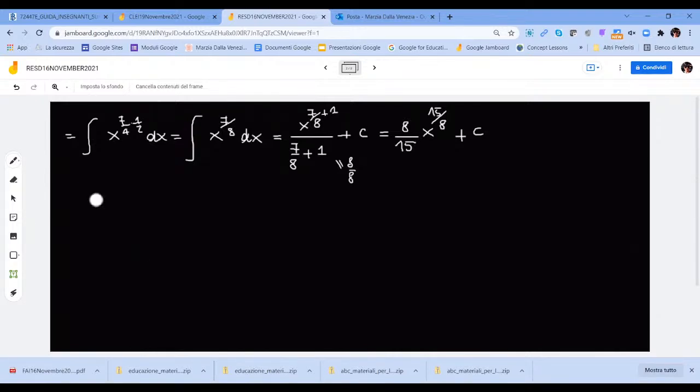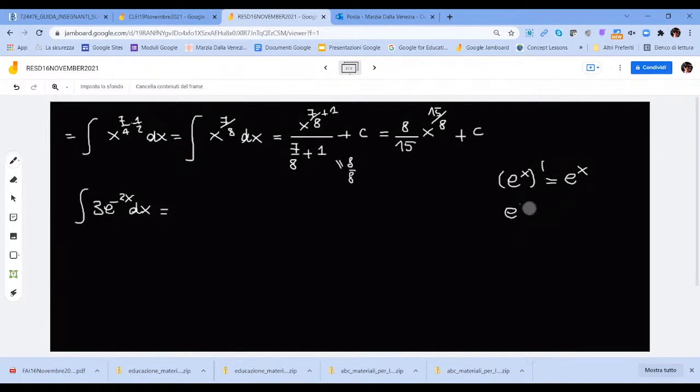Okay, so let me see what type of integral. First of all, let's write this one, the exponential function. It is important to recall that if you have e to the x, the derivative is the same.